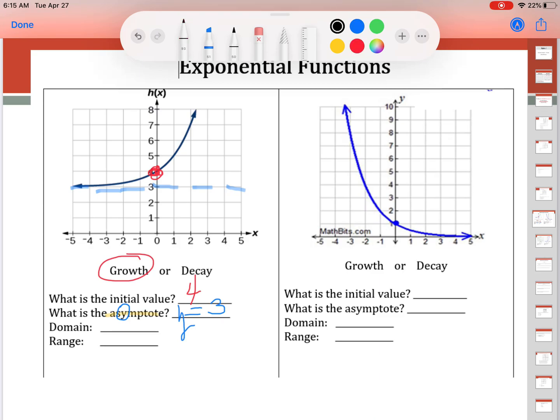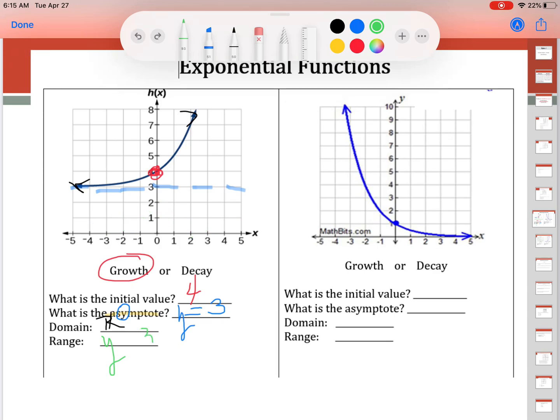Just like in yesterday's function, the domain is that the x goes forever to the left and forever to the right. So the domain is all real numbers. Now my range is where my y's live. So if I look at this graph, there's no y values down here.